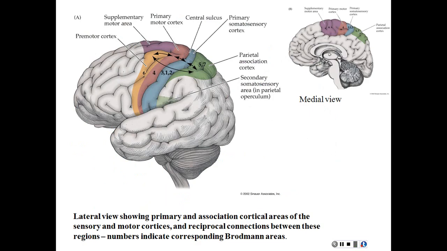Right, so back to our cortex. So we can see our primary motor cortex in red, voluntary activity, and now we have our primary somatosensory cortex behind this central sulcus in blue, and it has the unfortunate designation of 3-1-2. Don't ask me why Brodmann named it this way.